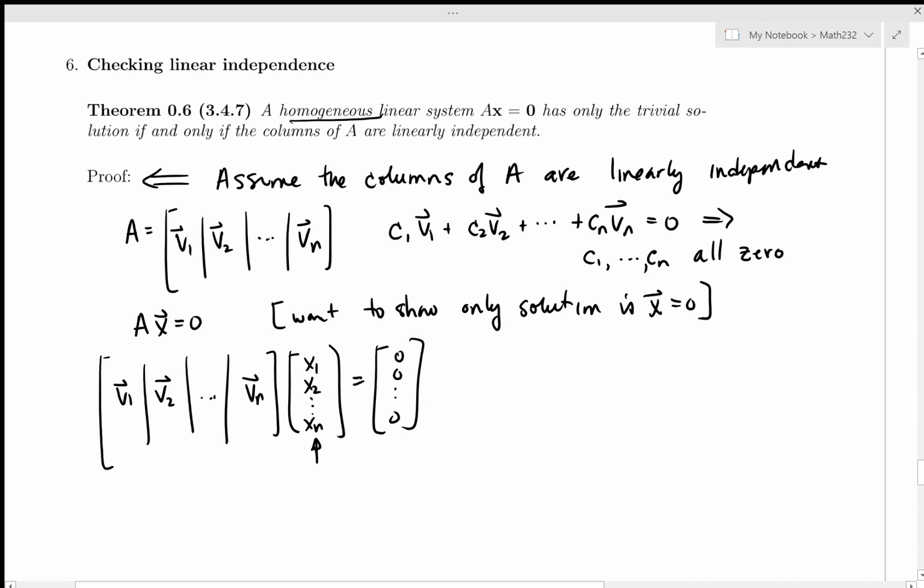So I can rewrite these vectors in their component form, v11, v12, dot dot dot, so I can perform the multiplication and see what's happening.